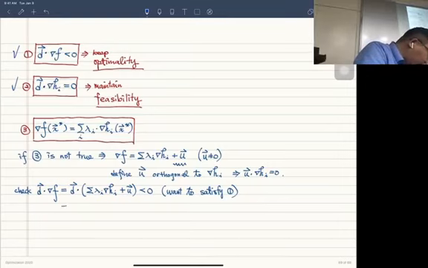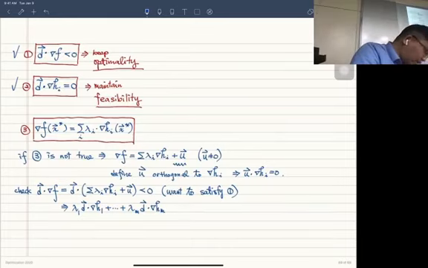And then we can expand this whole thing. So basically lambda 1 d dot gradient h1, plus and so on, plus lambda m d dot product with gradient hm, and then plus d dot product with u.